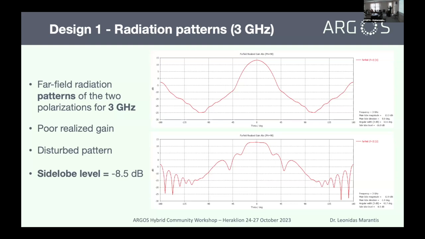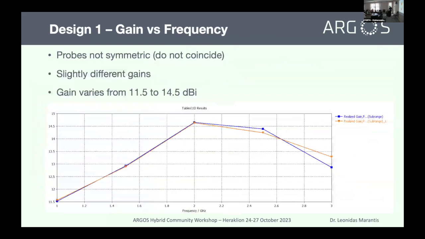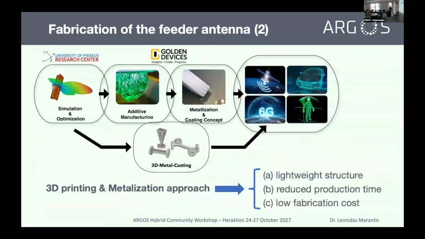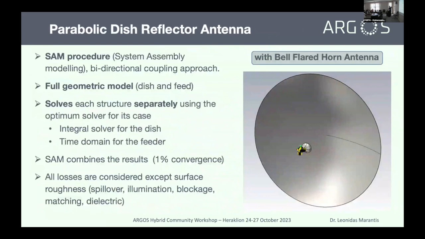Generally, the structure is so huge that we cannot really simulate it by brute force. This is how antenna engineers say it: just put the dish and the horn antenna and simulate it. That's why we're using this special method for the dish, the system assembly modeling, SAM. This method gives you the opportunity to simulate the feeder with the time domain solver, which is better for the feeder, and the huge structure of the dish with an integral solver, which is better for the number of cells and the time consumption.